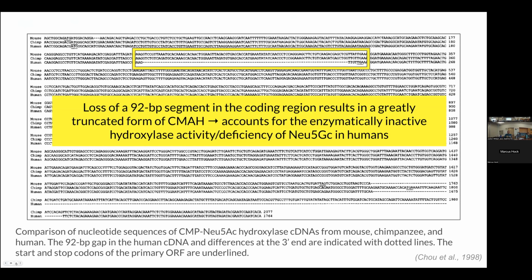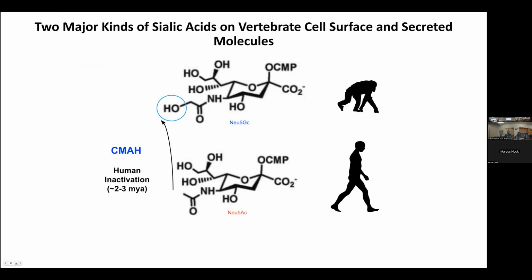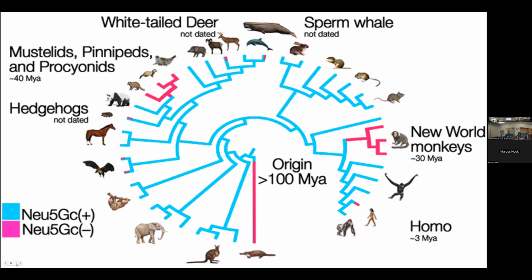That loss has resulted in an enzyme that's no longer functionally active. We still make the enzyme, it just doesn't convert that sialic acid, so our cell surfaces look very different. And again, this is only a single oxygen change. This is highlighted in blue to show the difference, what is naturally absent from our cell surface.